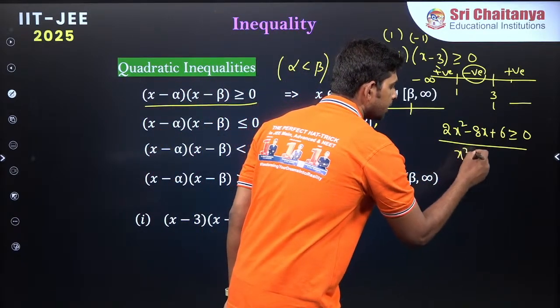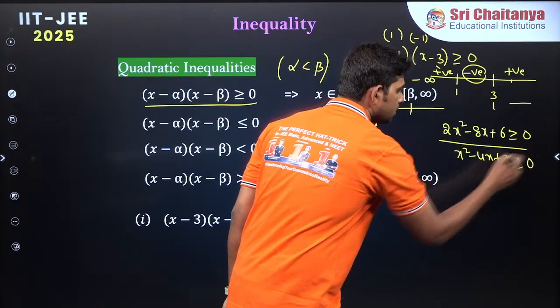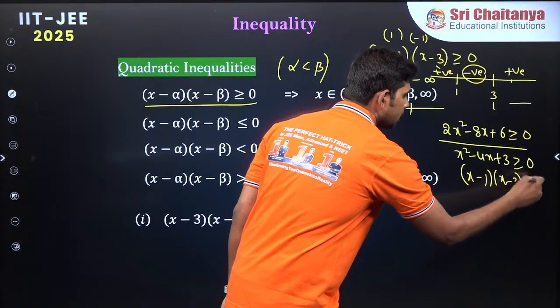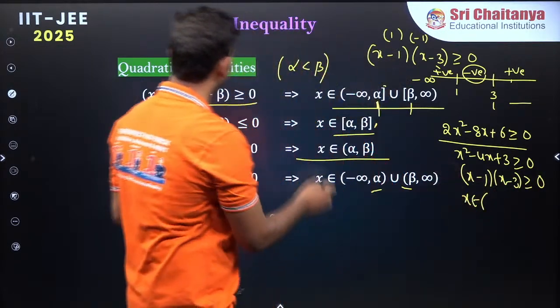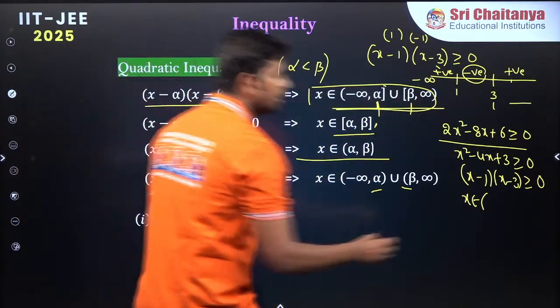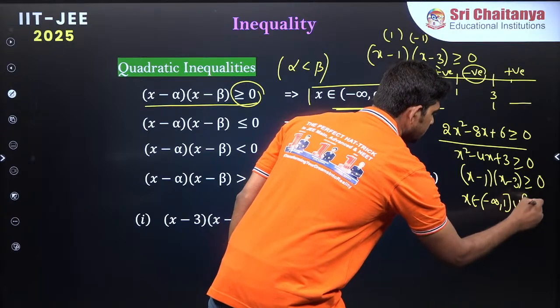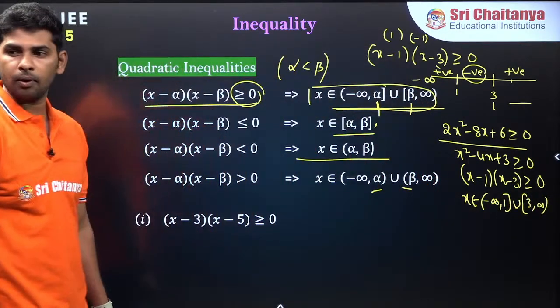You can write this as x square minus 4x plus 3 is greater than or equals 0, which gives us (x minus 1) into (x minus 3) is greater than or equals to 0. That gives us x belongs to, so when it is greater than or equals 0, your output here is going to be x belongs to minus infinity to 1 union 3 to infinity. Okay? The same way we can solve these problems here.